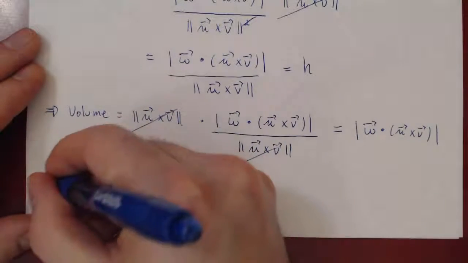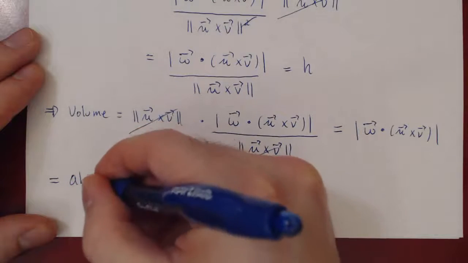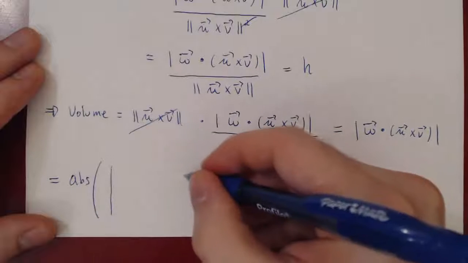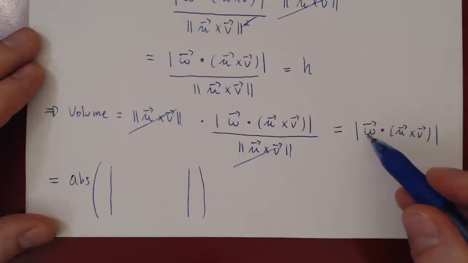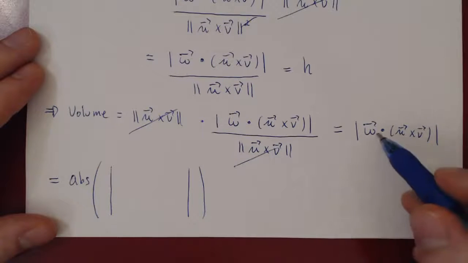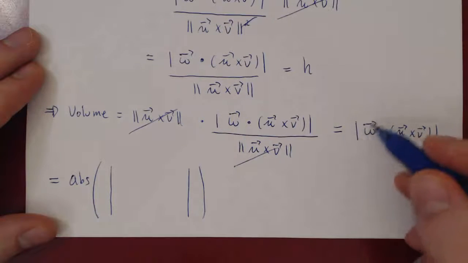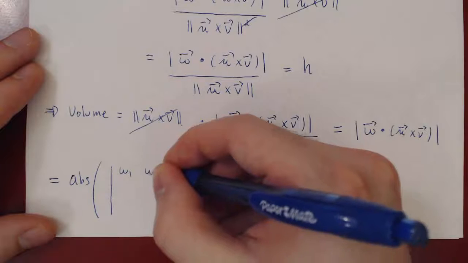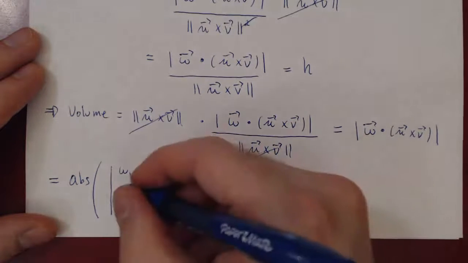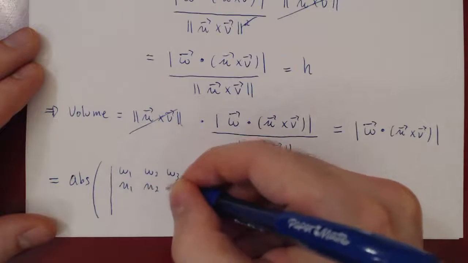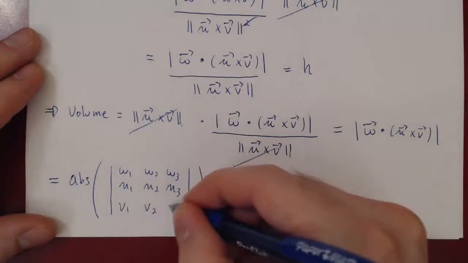This will be simply the absolute value, I'll write ABS, of, now we use our result, the scalar triple product between W, U, and V, we know is the determinant of the matrix whose first row is given by the coordinates of W, so W1, W2, W3. Second row given by vector U, U1, U2, U3. And third row given by vector V, V1, V2, V3.